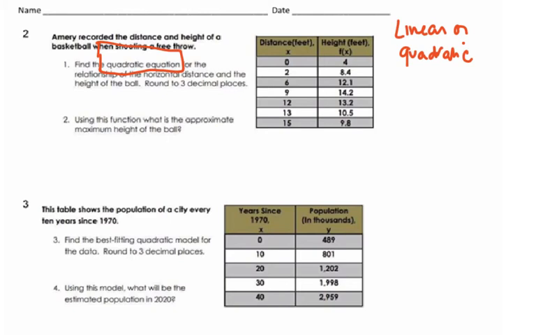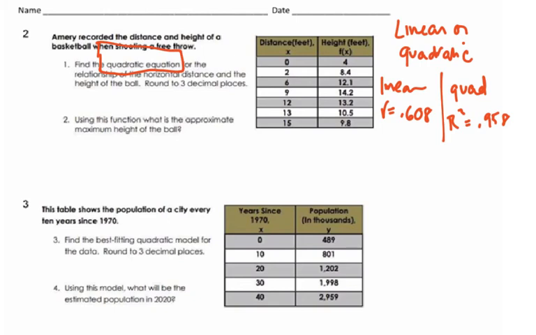If you do a linear regression for this, meaning you do stat, calc, and then 4 for linear, you get an R value of 0.608. If you do quadratic, you get an R squared value of 0.958.